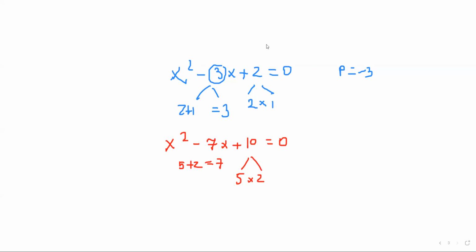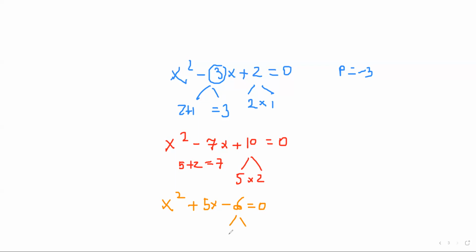Let's see another one. Let's also try to write something with negative signs: x squared plus 5x minus 6 equals 0. Obviously we can have the product as minus 3 and 2, or minus 2 and 3, but their sums do not give us negative 5. We should get negative 5 as the sum.